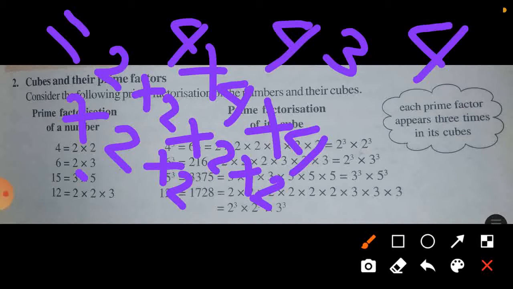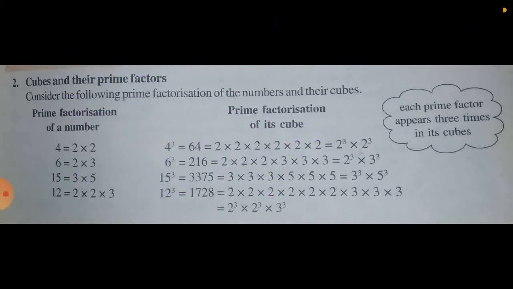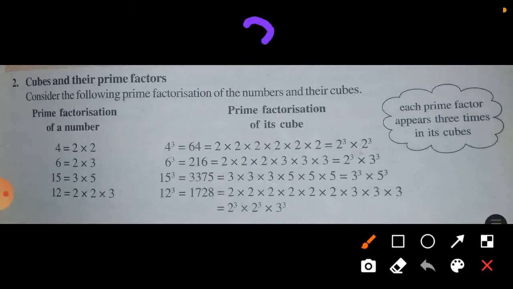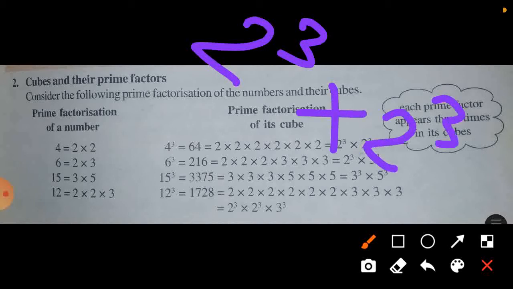And how do we write this? It is 2 raised to the power 3 multiplied by 2 raised to the power 3.